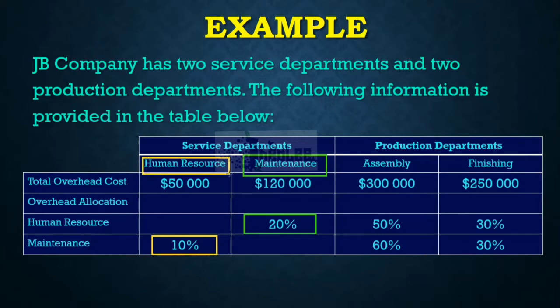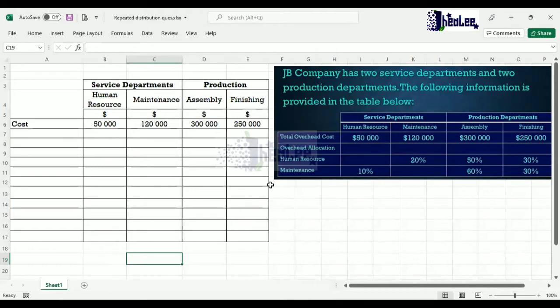In using the step-down method, we'll have to start our allocation with the human resource because that department is providing 20%, which is a higher percentage when compared to the maintenance department, which is providing 10% to the human resource department. So let us move into carrying out the steps in doing the repeated distribution method.